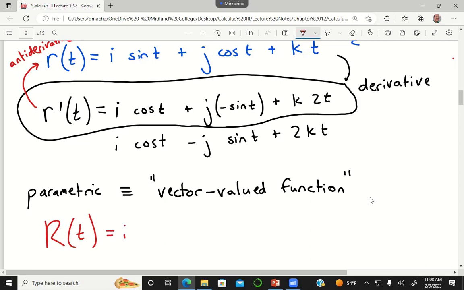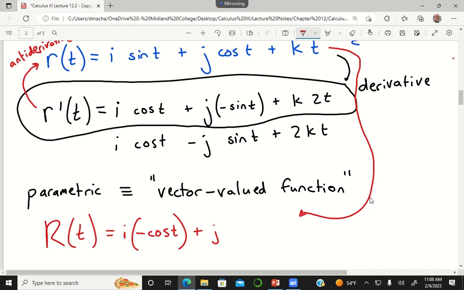And so that would be i times what? It's the antiderivative of sine. Yeah, negative cosine t. Plus j times what? Sorry, I'm taking the antiderivative of this blue.